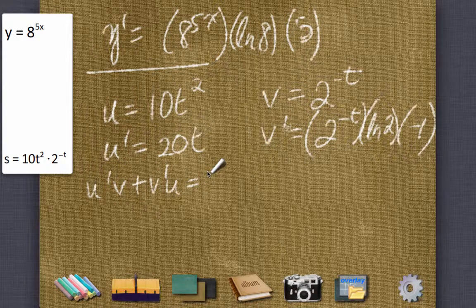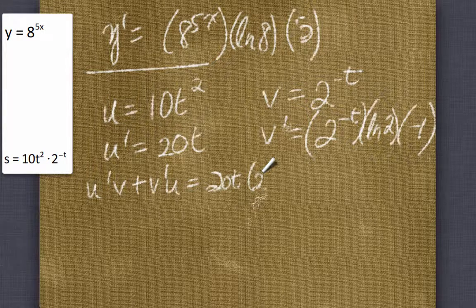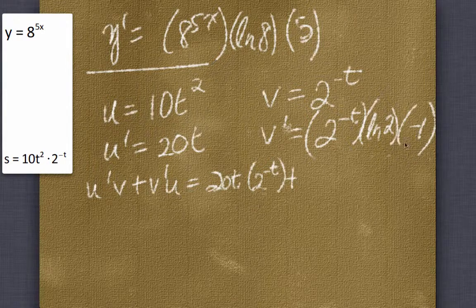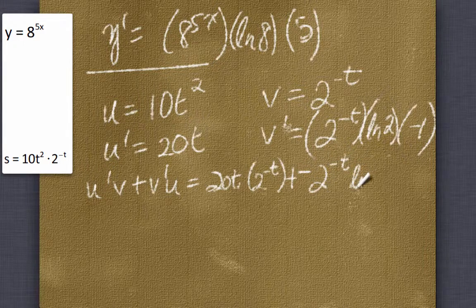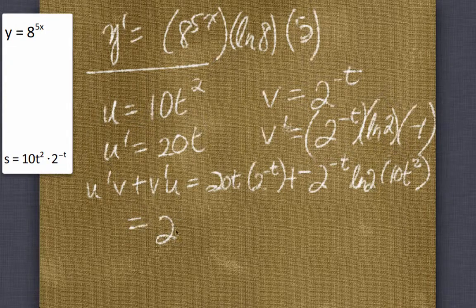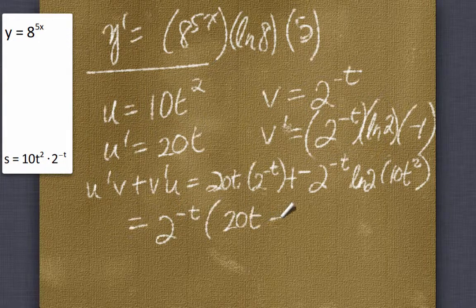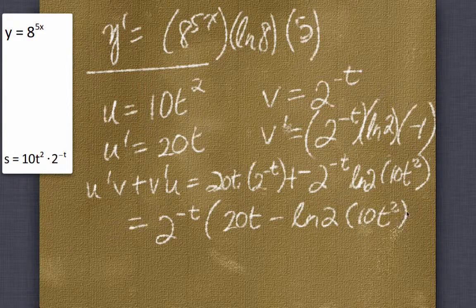Okay, u prime v, plus negative 2 to the negative t, natural log 2, 10t squared, equals, I can factor out the 2 to the negative t, you get 20t minus natural log 2 times 10t squared.